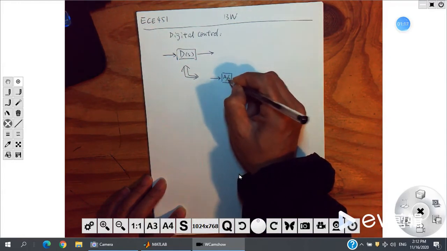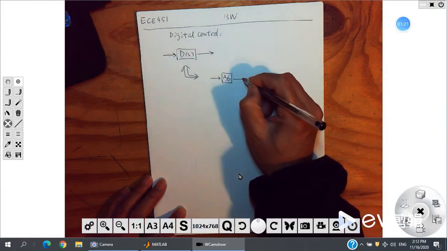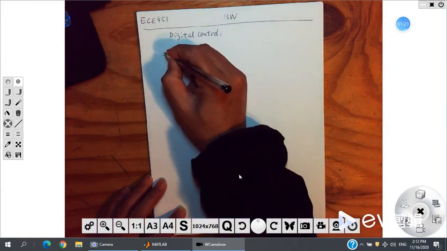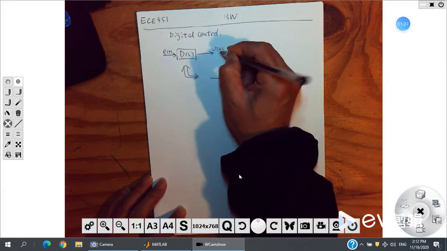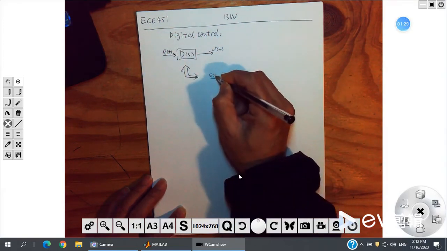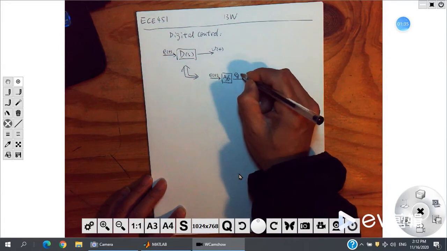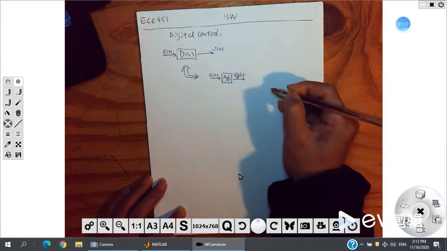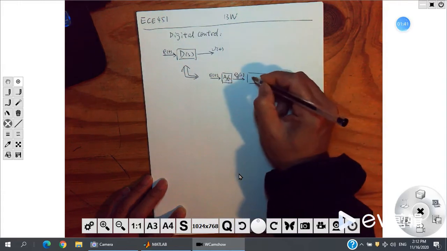We use an analog to digital converter. Then we have E of T and V of T. After we take samples, we have E D of N, a discrete time signal. Then we have a discrete time system.